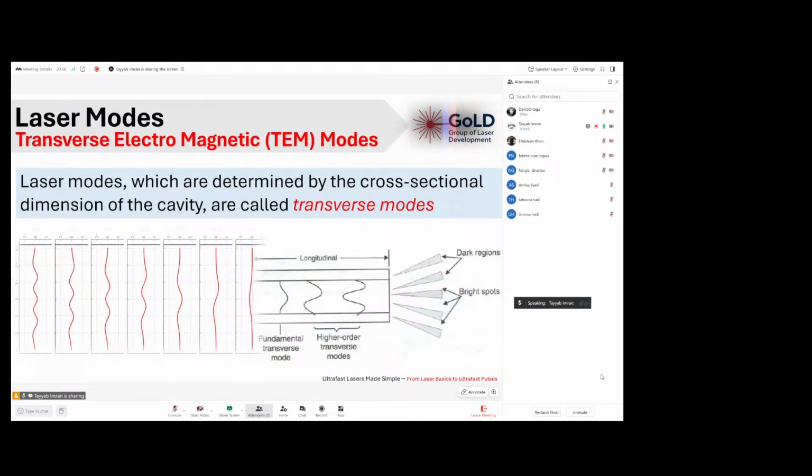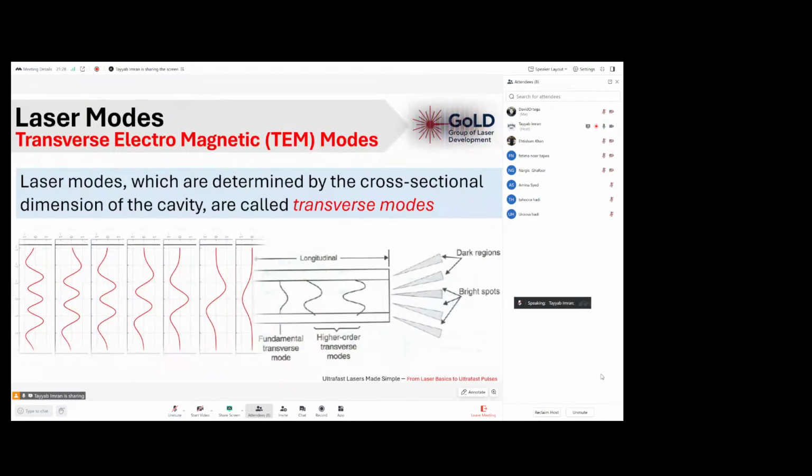The longitudinal modes are very important. The transverse modes are somehow troublesome, and we are supposed to control these modes in any kind of laser. So it depends on the dimension of the cavity: what is the length, what is the width, height, etc.